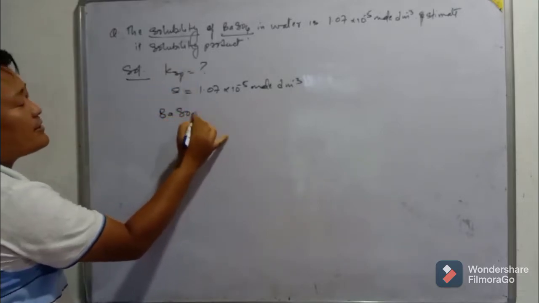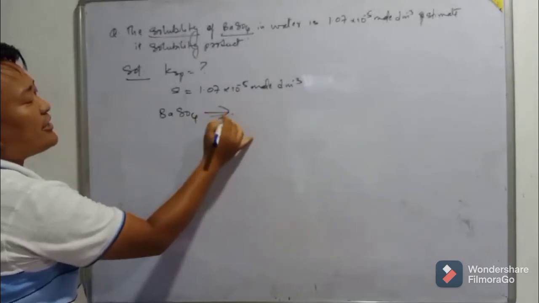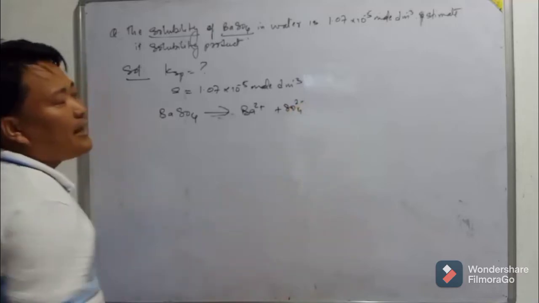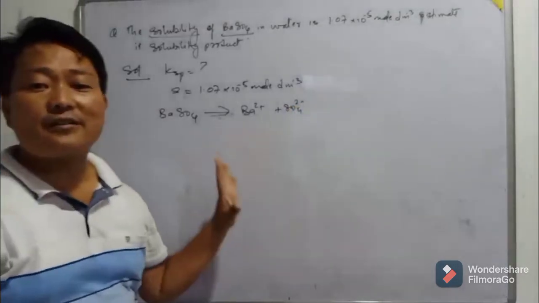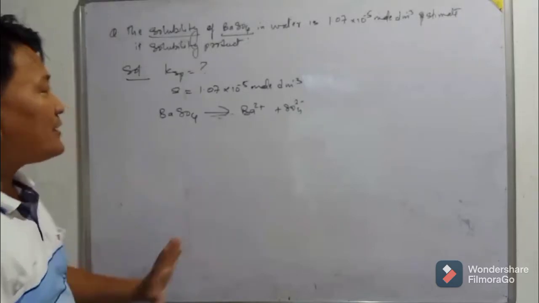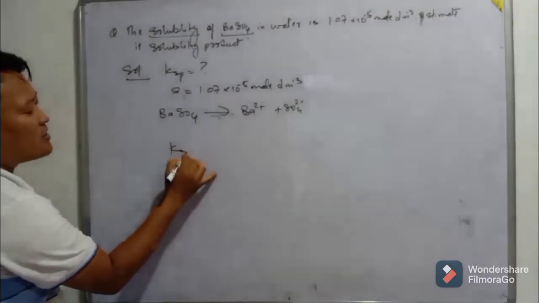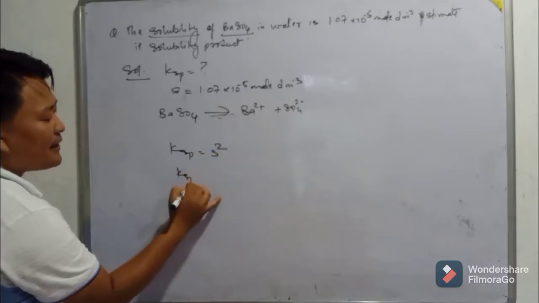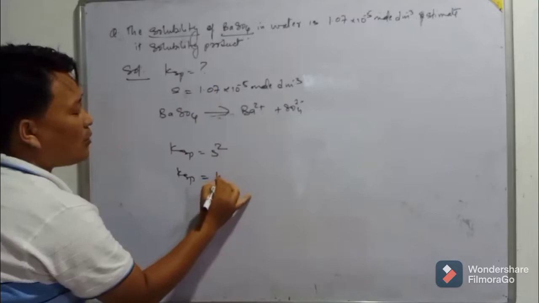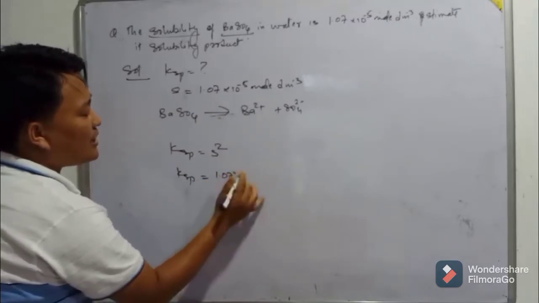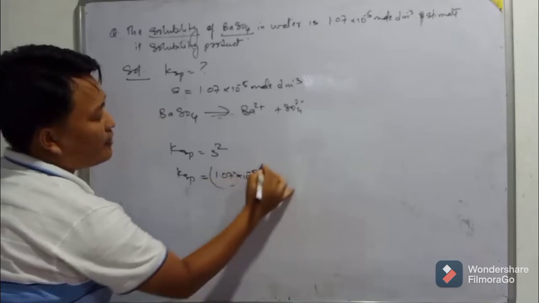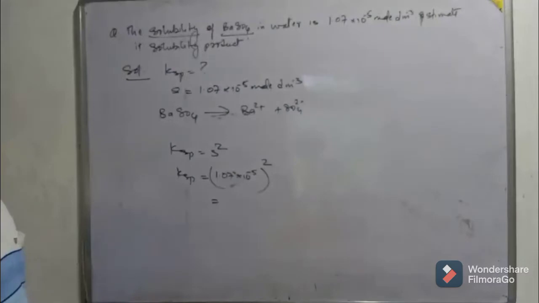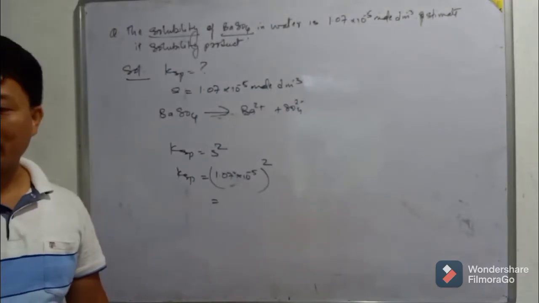It is barium sulfate. When we dissociate barium sulfate, we get Ba2+ and SO4 2-. Is there any coefficient here? No, so the formula for KSP is S squared. Then KSP is equal to (1.07 into 10 to the power minus 5) whole squared. Then which is equal to 1.07 squared. Okay, do it.